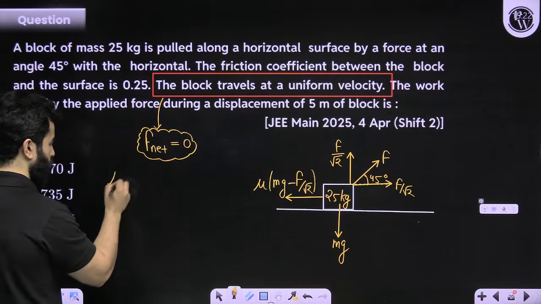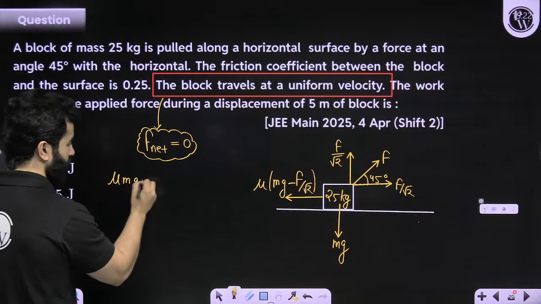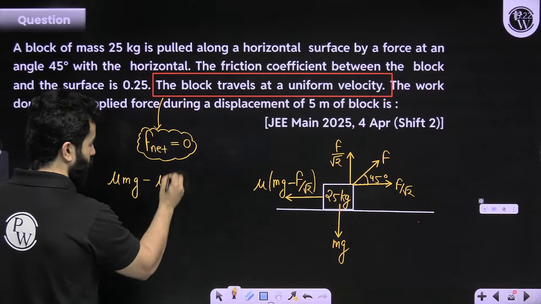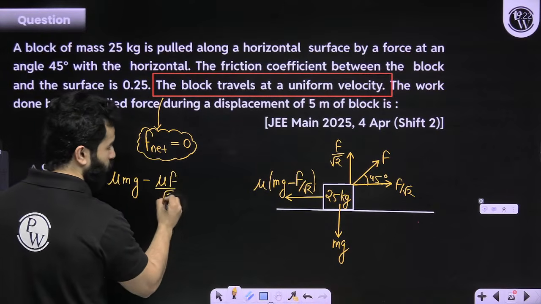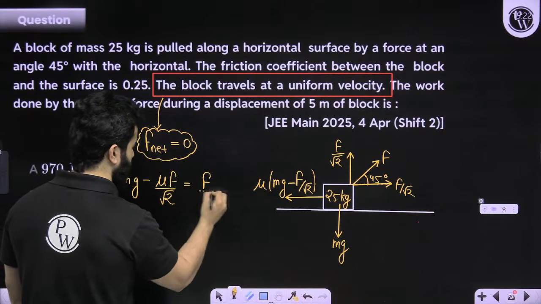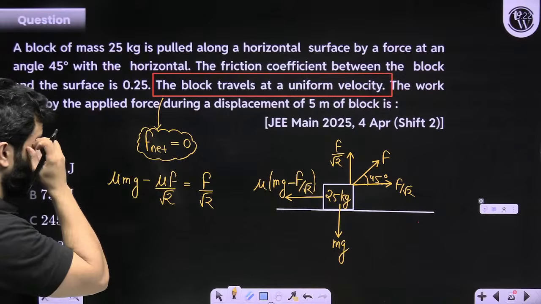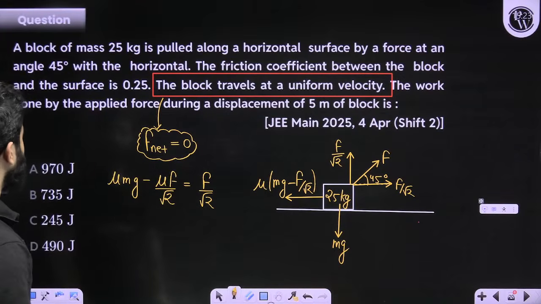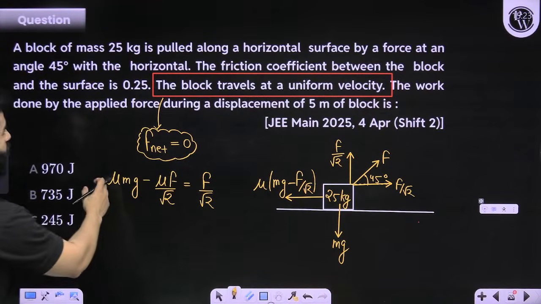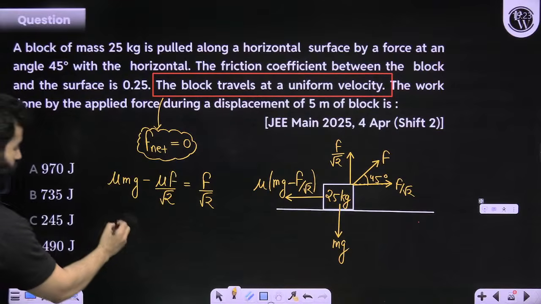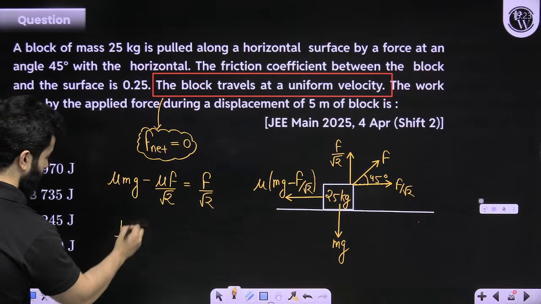That means mu mg minus mu F by root 2 is equal to F by root 2. We are going to equate these two forces, my dear friends. Clear? So I think we know each and every value. Mu is 1 by 4.